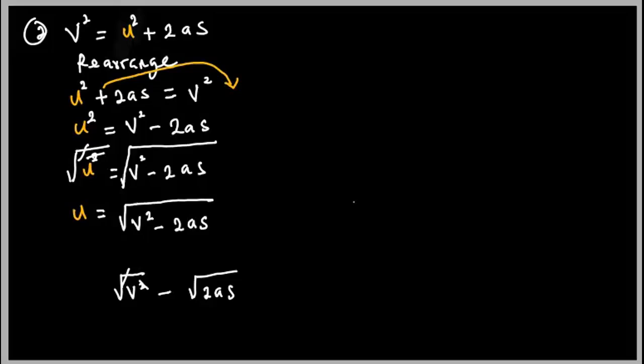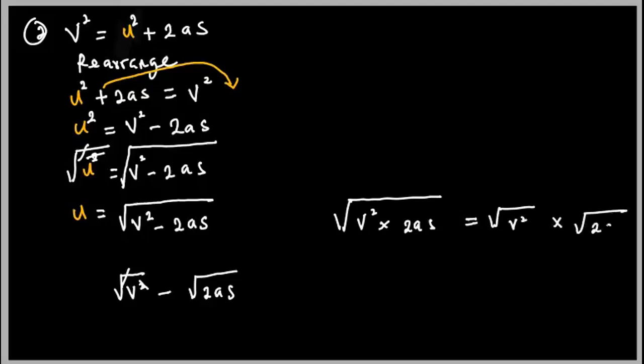If your answer was to be the square root of V squared times 2AS, in this case it is allowed to split. You can have the square root of V squared times the square root of 2AS, and I can cancel the square and the square root, since they cancel each other.